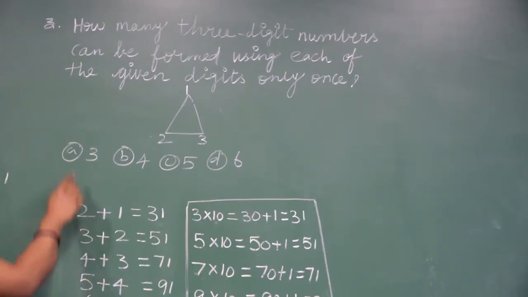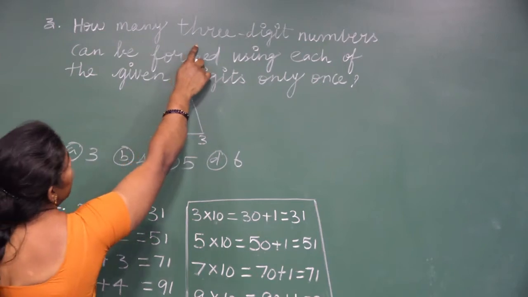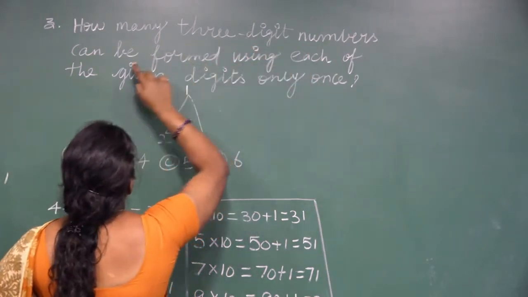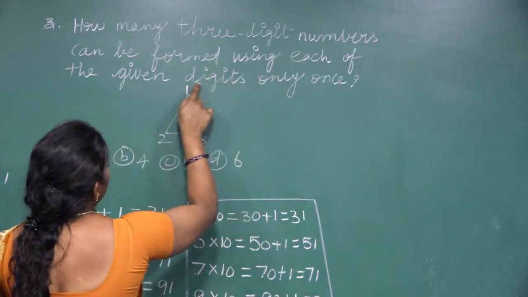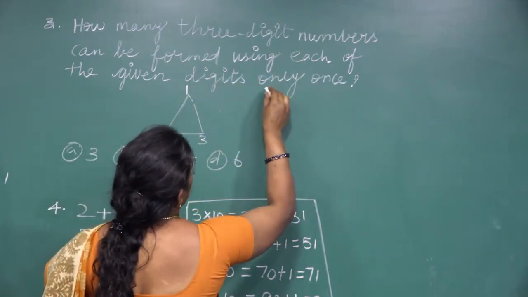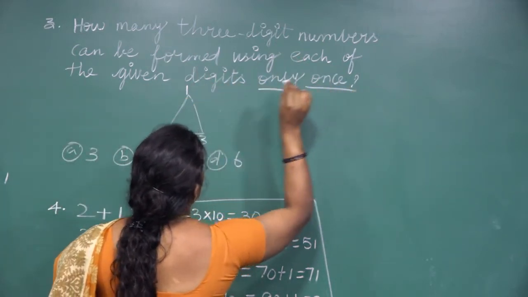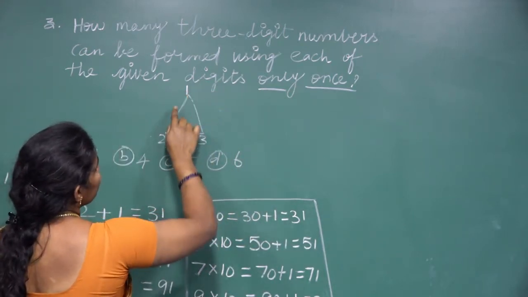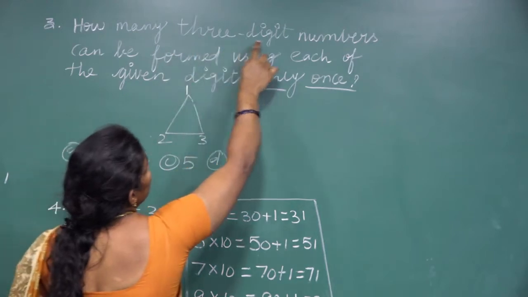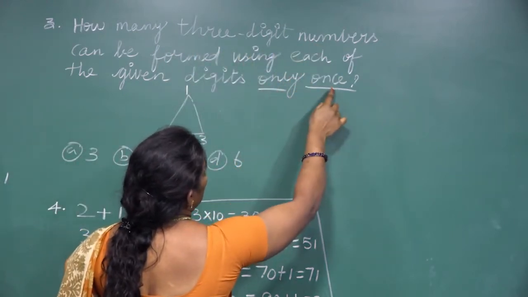See the third question. How many 3-digit numbers can be formed using each of the given digits only once? Using these digits, you can form a 3-digit number only once.